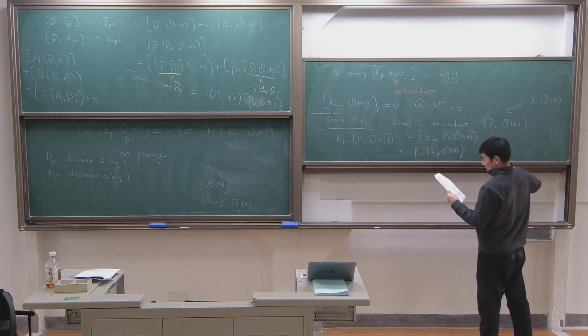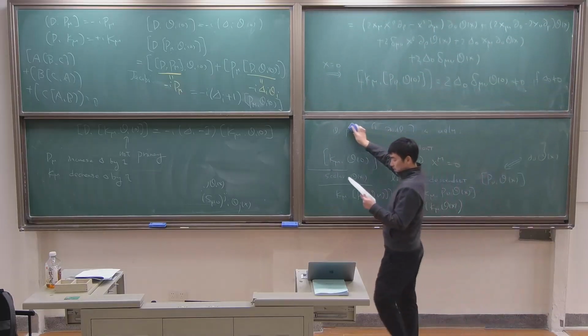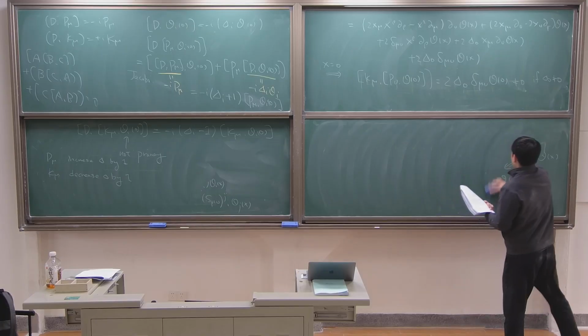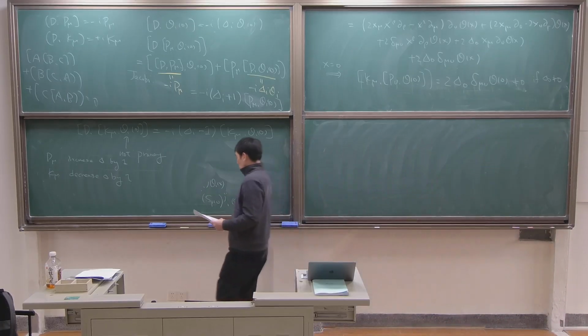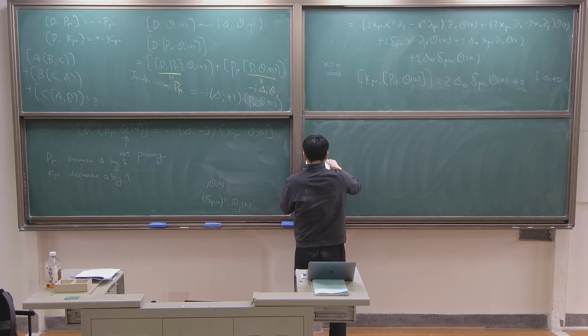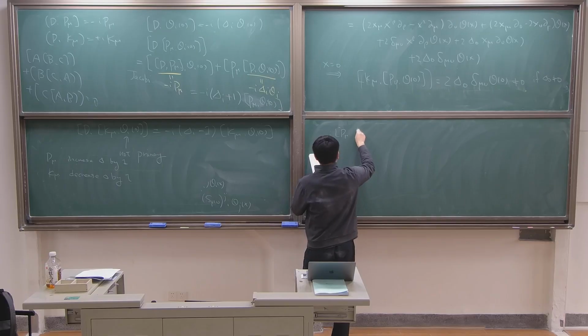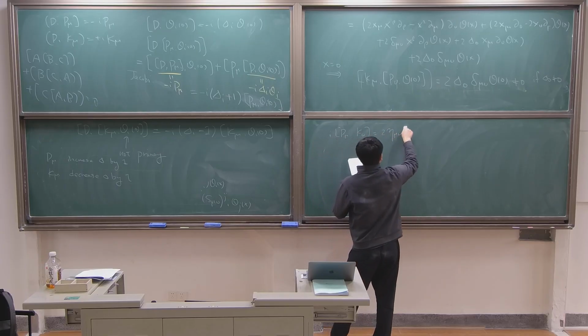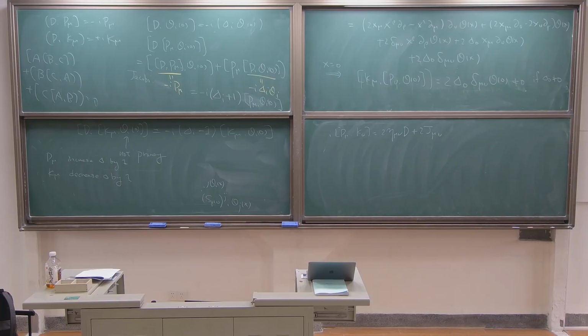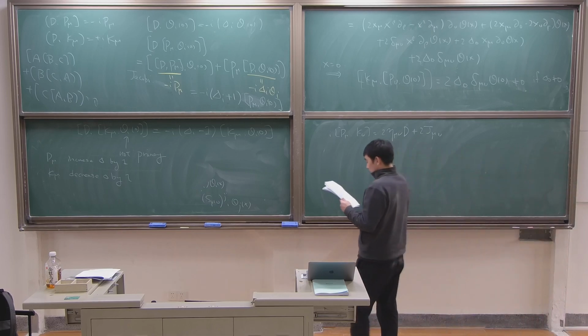What I'm trying to do is this: for a primary state, one way to check the commutation relation is as I mentioned, the commutator of P mu and K mu is equal to 2 eta P mu D plus 2 J mu.